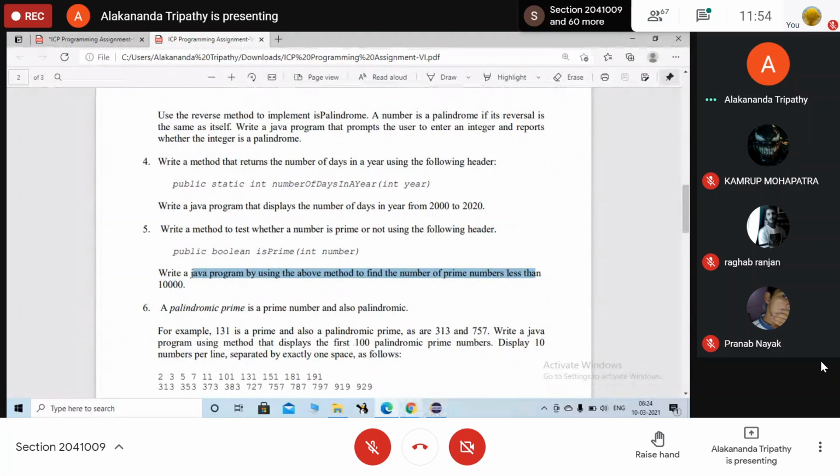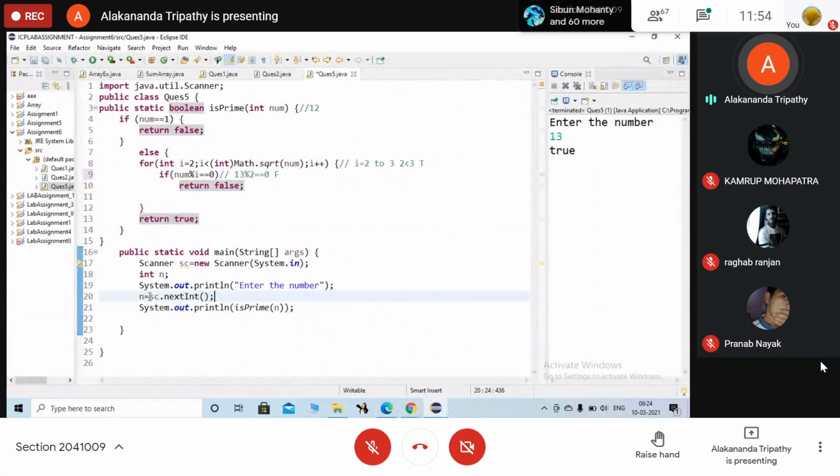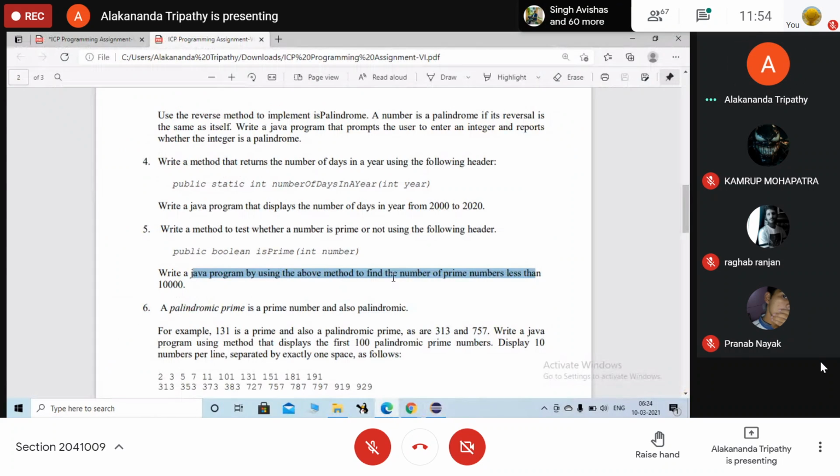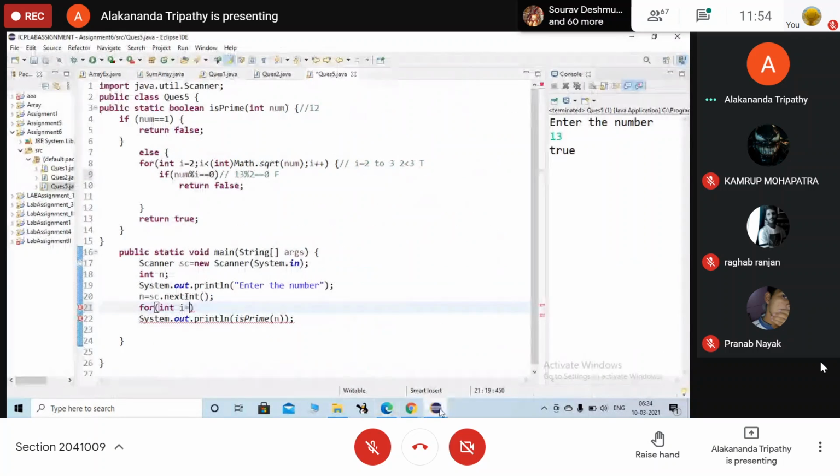So the question here is, write a program to find the number of primes that are less than 10,000. तो यहाँ पर क्या करोगे? Enter the number, for नहीं चाहिए. So for int i equals to, कहाँ से शुरू करोगे? i less than equals to 10,000, i plus plus.